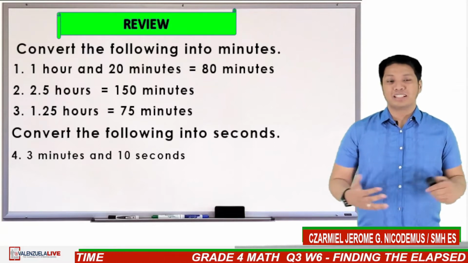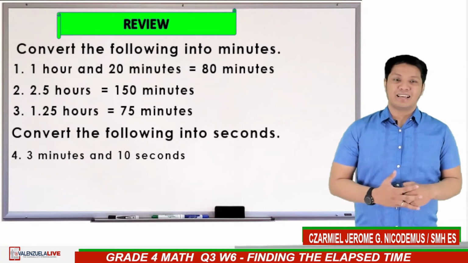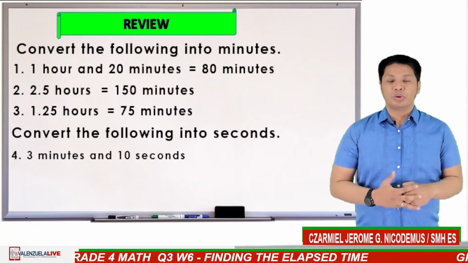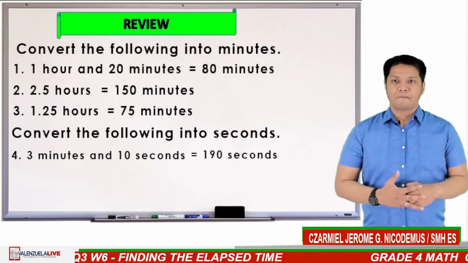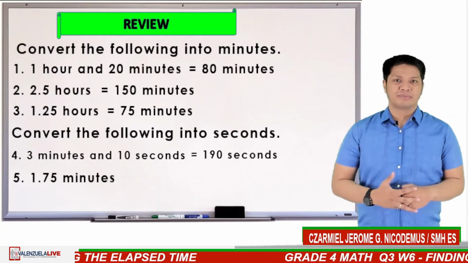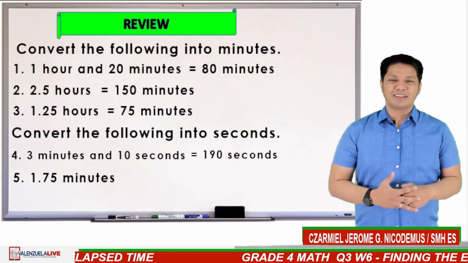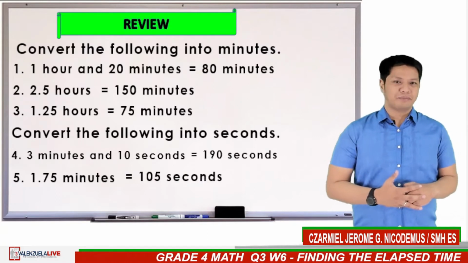So we just need to add the 10 seconds. So 3 minutes and 10 seconds is equal to 190 seconds. How about 1.75 minutes? There are 105 seconds in 1.75 minutes.